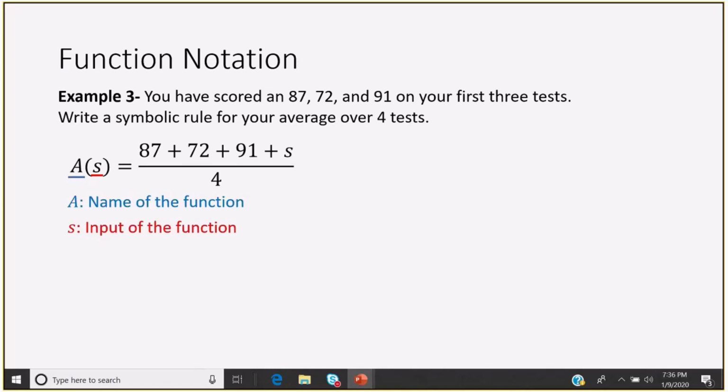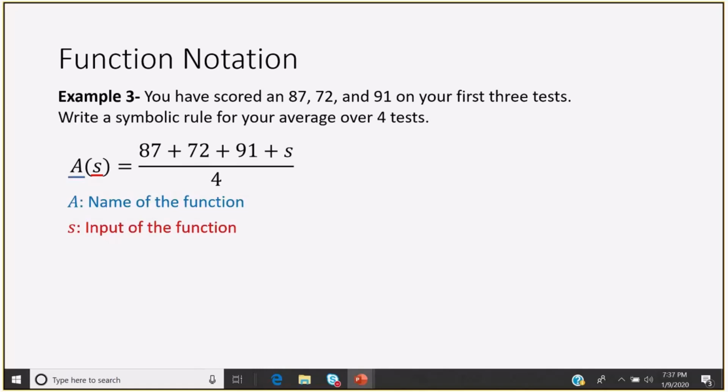Quite often the most common function that we see is f of x, but it doesn't always have to be x. So it could be, in this case, A of S. You could have multiple inputs, in which case you should probably put a comma between them. But that's really what's happening: we're naming the function, and then we're saying, this is the input that I'm going to be dealing with. This is the variable that will be changing.